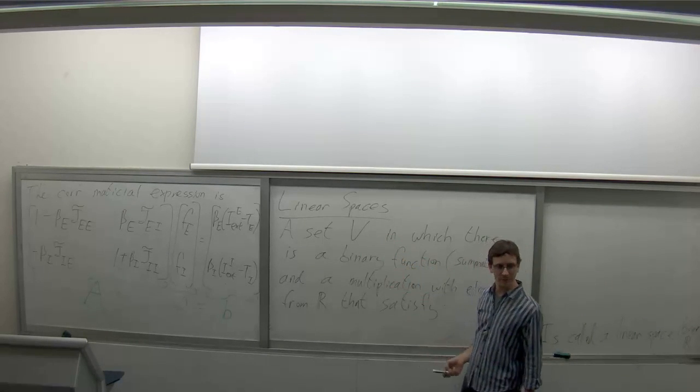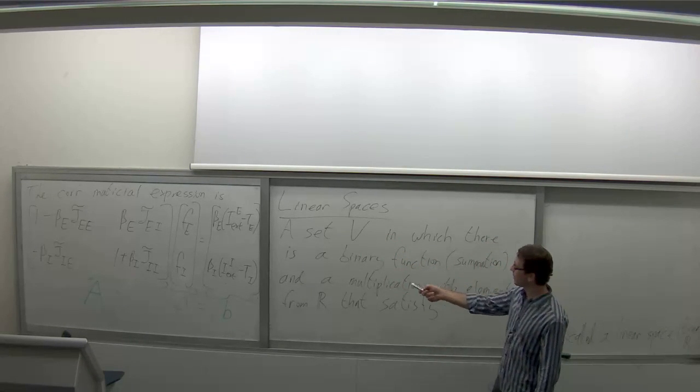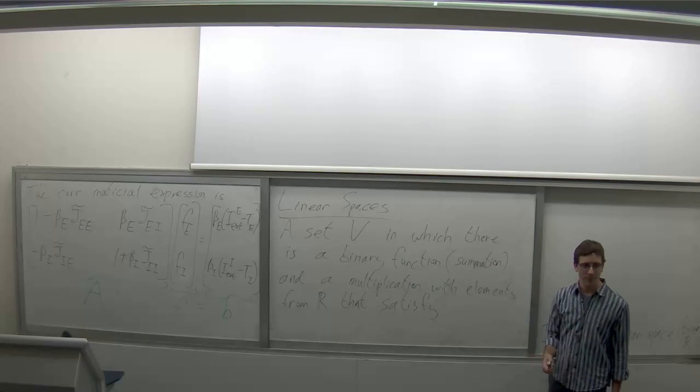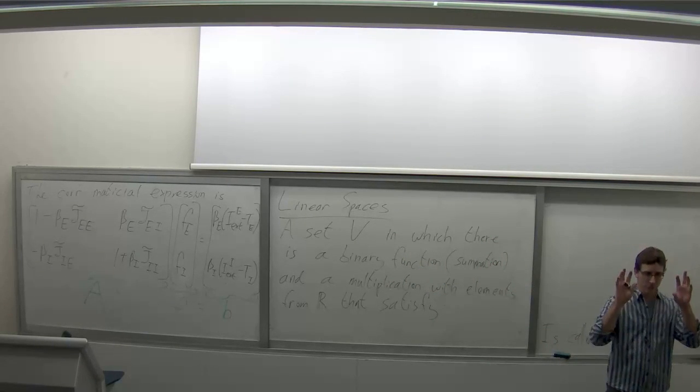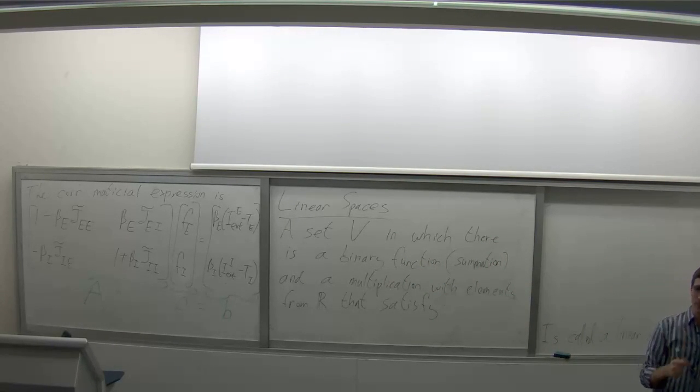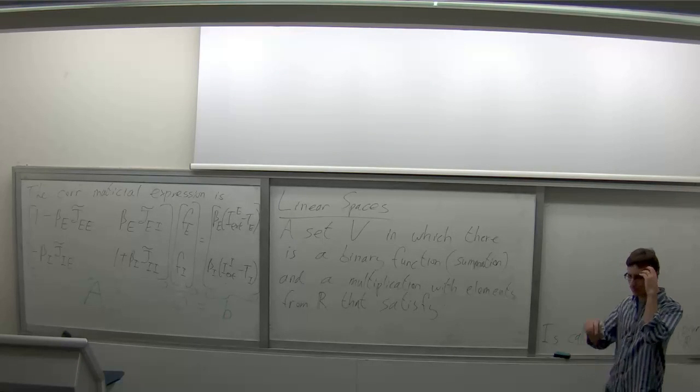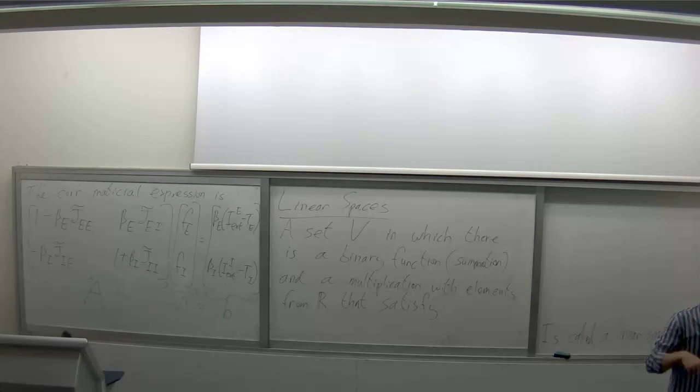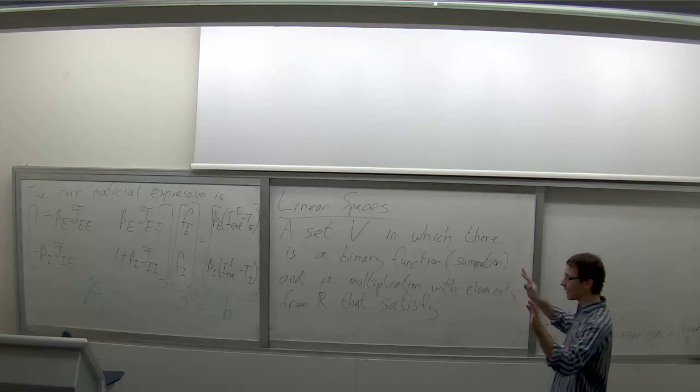But what do I have to have in this set? I need a binary function. What do I mean by a binary function? Think of summation. Each two elements of the set, I can sum them together to get something. Like I can sum two numbers to get a number, and I can sum two n-tuples to get another n-tuple, and so on. But for now, it can be any binary function.